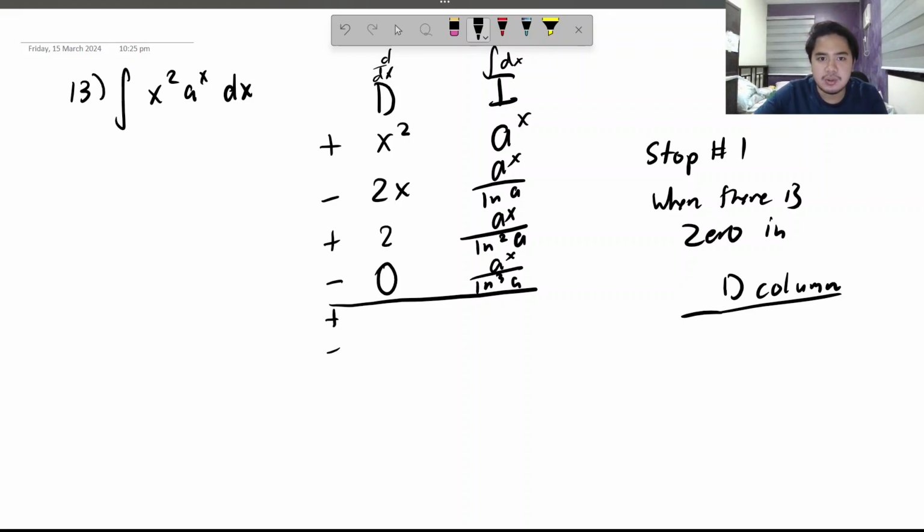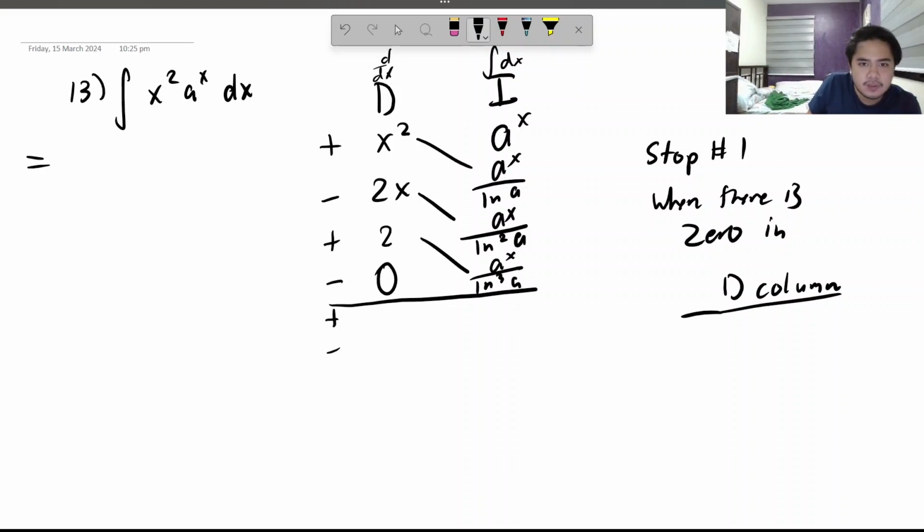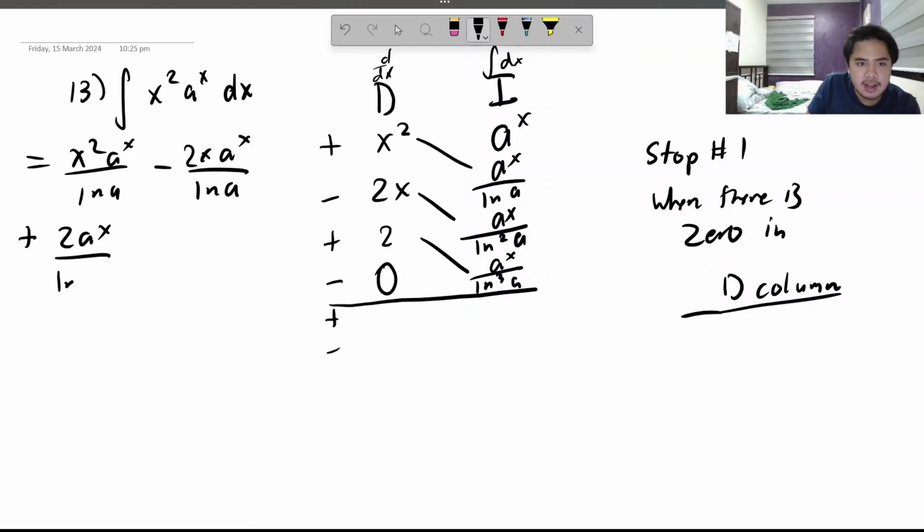Next step is to multiply diagonally. Like this and that, this and that, this and that, and we stop at 0. So, positive x squared times a to the x over ln a, minus 2x times a to the x over ln squared a, plus 2a to the x over ln cubed a.